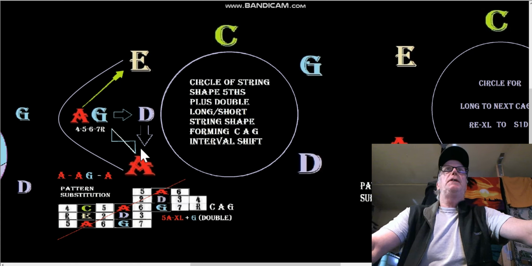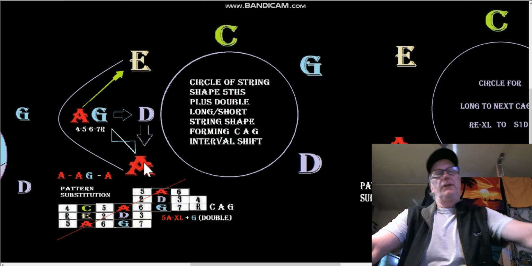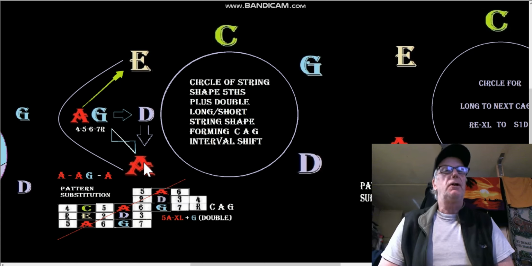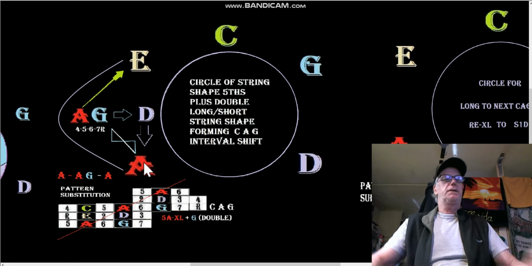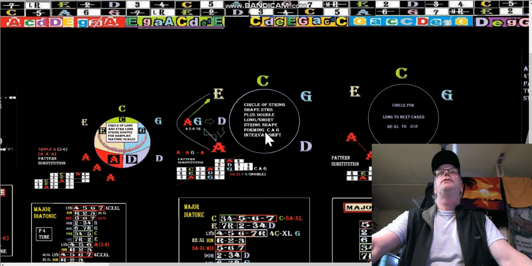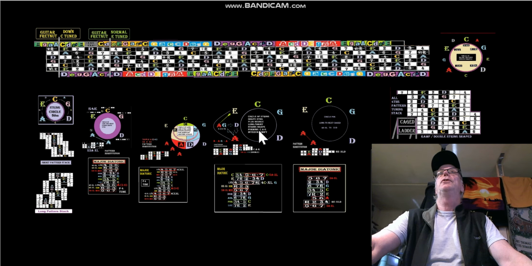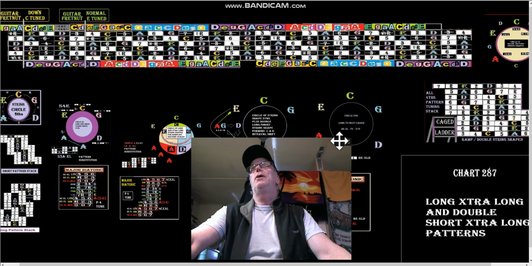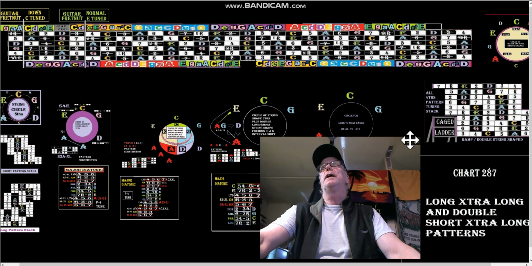So this kind of flow chart got a little complicated, and believe it or not, it didn't cover all cases. So I've got a way to cover all cases. That's the most important thing. So zooming out on this a little bit, just to look at the chart here, we have 287 long, extra long, and double short, extra long.